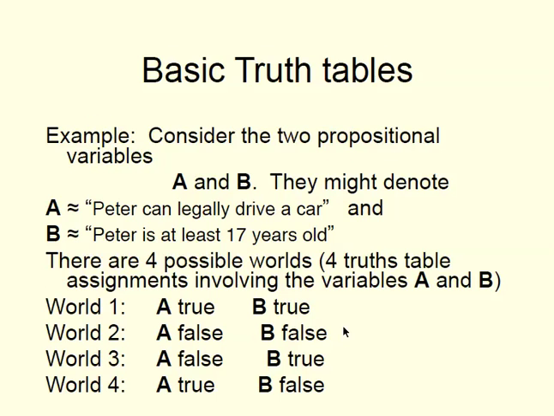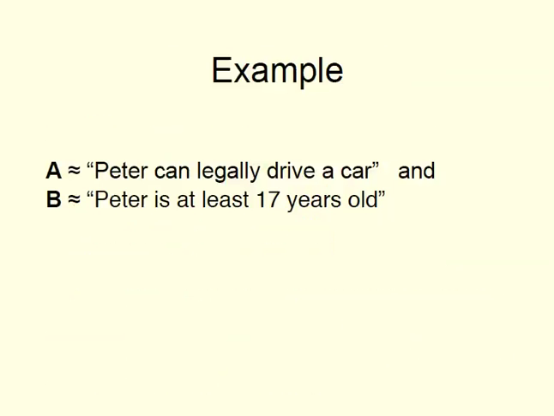The point with truth tables is that all these infinitely many possible worlds we would have to consider to see if an argument is valid, we can just reduce to a finite number of cases. In this case, there are basically 4 different worlds: one where both are true, one where they're both false, and so forth. You can see the different worlds I've written here. Of course, the order in which I enumerate the worlds doesn't matter. But we have 4 different cases.